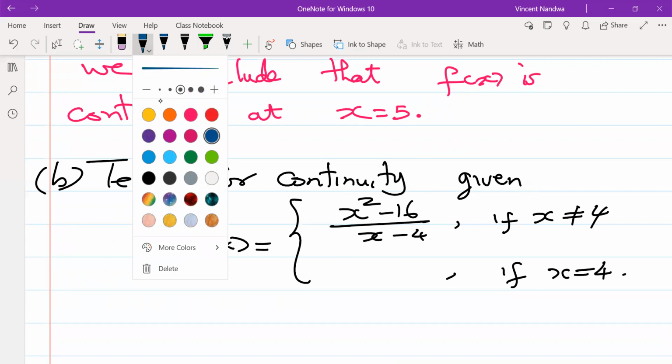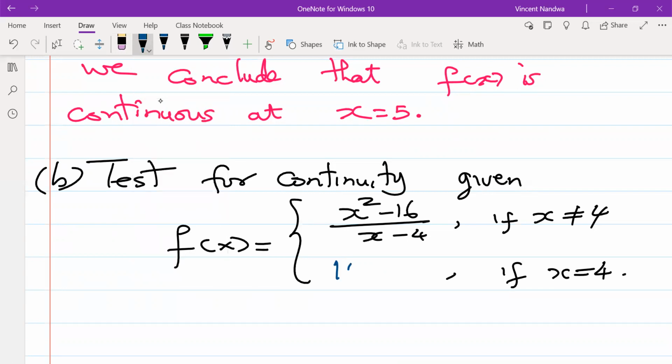So let me put here 15. You can as well put 10, there's no problem. But people can confuse that the lower number must always be 10. So that's why I changed to 15.